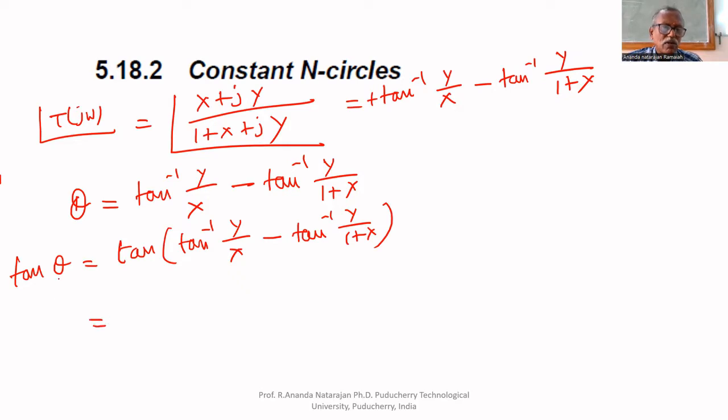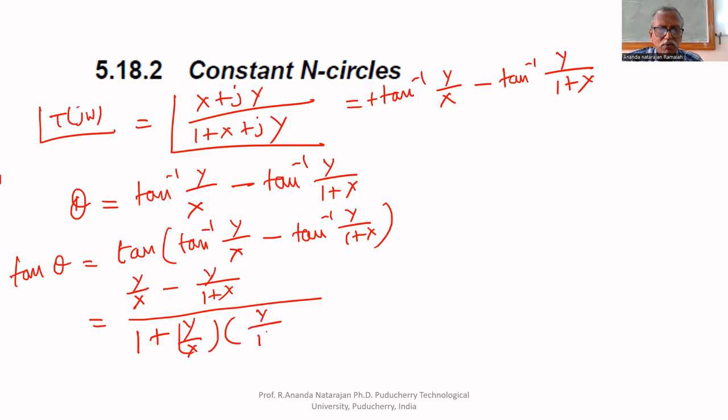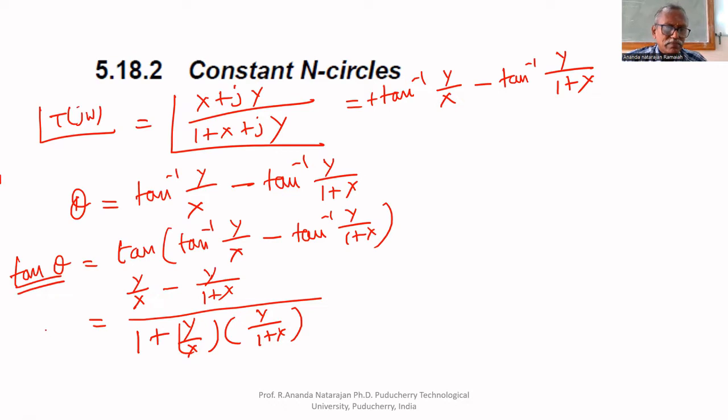If you take tan on the right hand side, you will get tan of tan inverse of y by x, that is y by x, minus tan of tan inverse of y by 1 plus x, that is y by 1 plus x, upon 1 plus tan A tan B, that is y by x multiplied by y by 1 plus x. Let us call this tan theta as n.